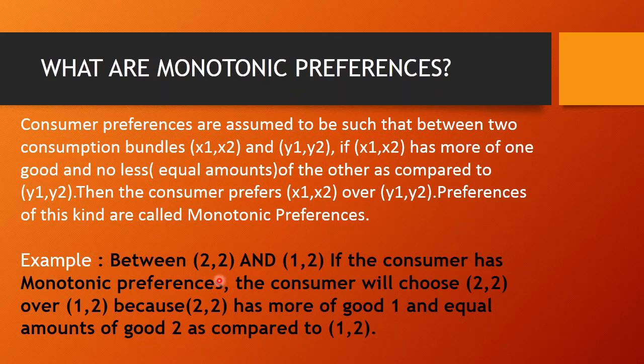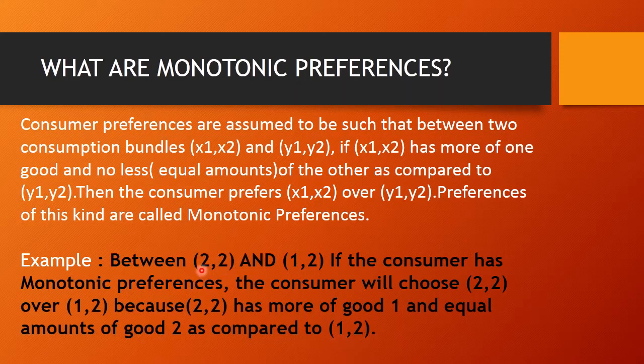Between bundle 2-2 and 1-2, if the consumer has monotonic preferences, the consumer will choose 2-2 over 1-2. Why? Because 2-2 has more of good 1 and equal amounts of good 2 as compared to 1-2. Let me repeat again.